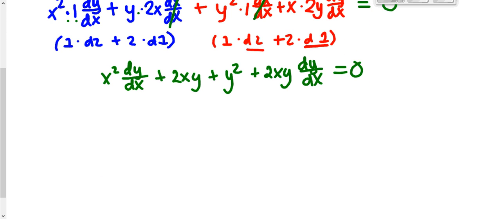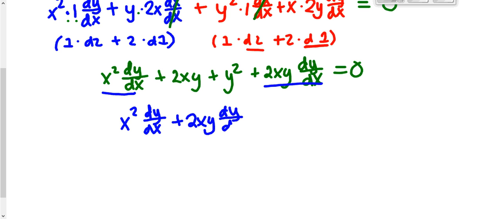Now add or subtract. Everything with dy/dx goes to one side. Everything without goes to the other. So this has dy/dx and this has dy/dx, so they will stay. x squared dy/dx plus 2xy dy/dx. I'm going to move these, so I need to subtract these two: negative 2xy minus y squared.